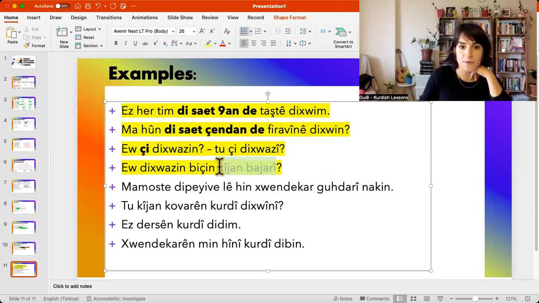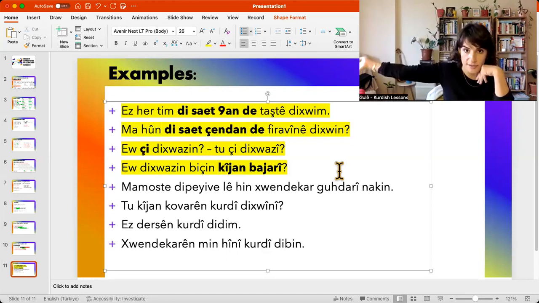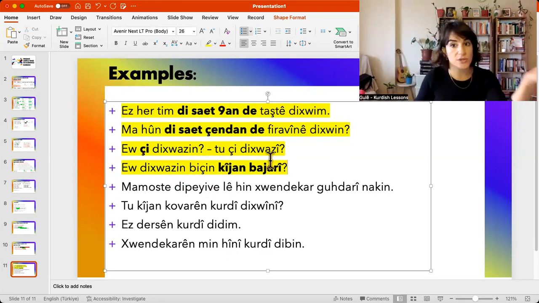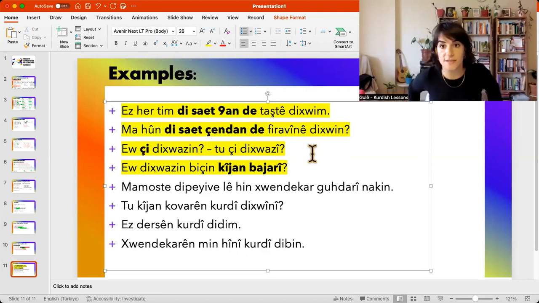And the next one. Here the important part is the indirect object. "Kijan bajari?" To which city? So it's at the end. Which city do they want to go to? Which city? Kijan bajari.